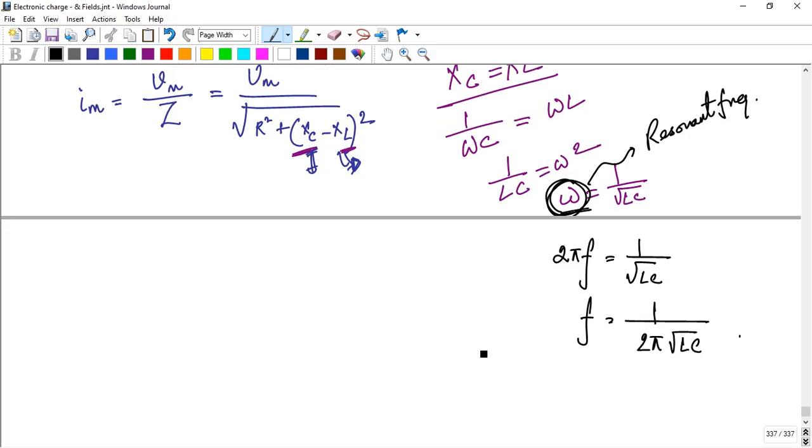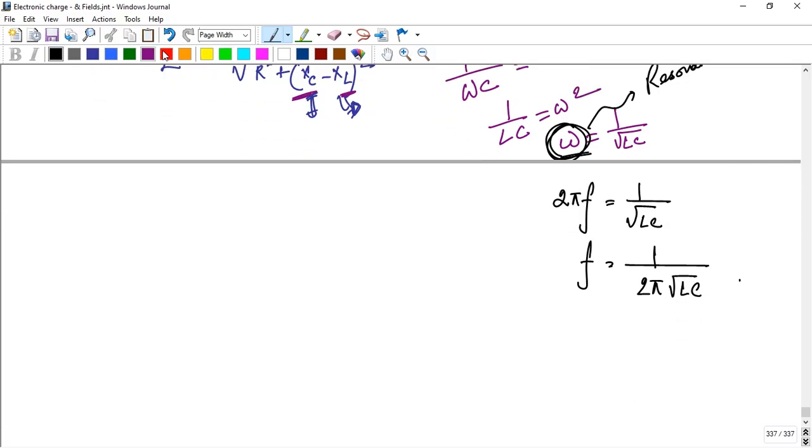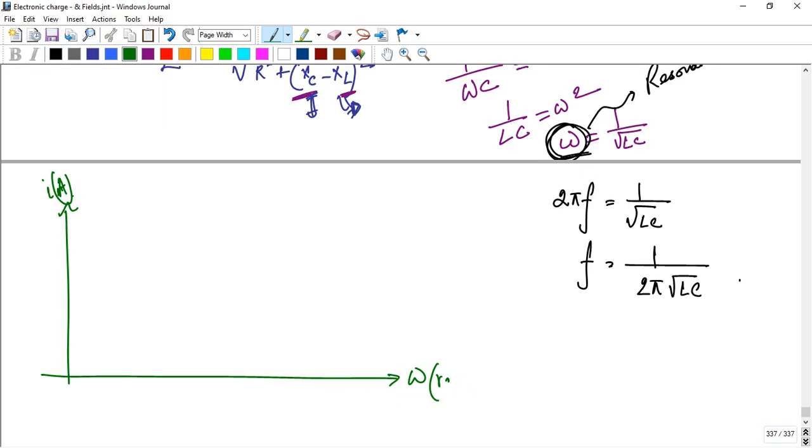Now suppose I plot the diagram. Here is the current I in ampere, and here is omega in rad per second. The graph looks like this.